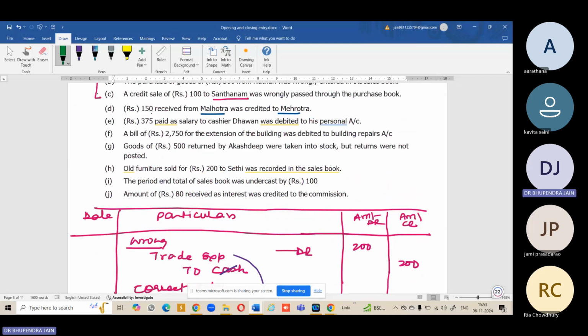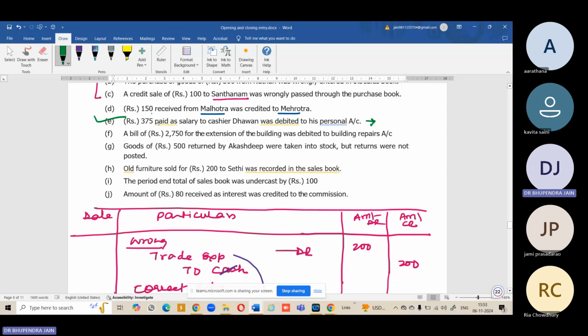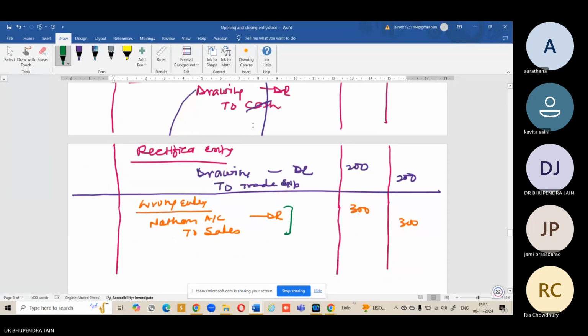Next is this one. Rupees 375 paid as salary to cashier Dhawan was debited to the personal account. What is the wrong entry? Dhawan, sorry. 375 paid as salary to the cashier Dhawan was debited to the personal account.